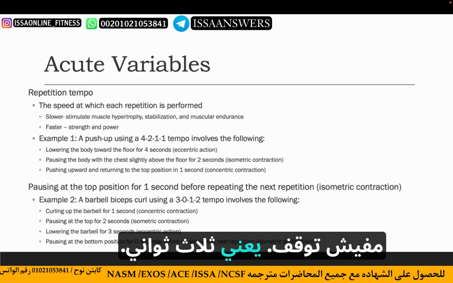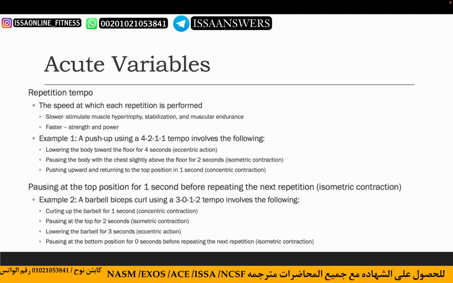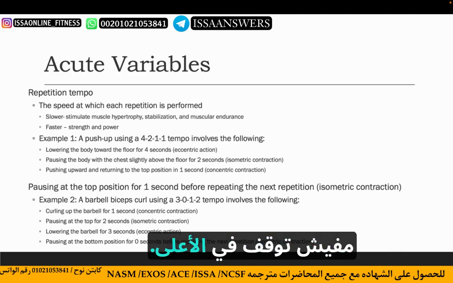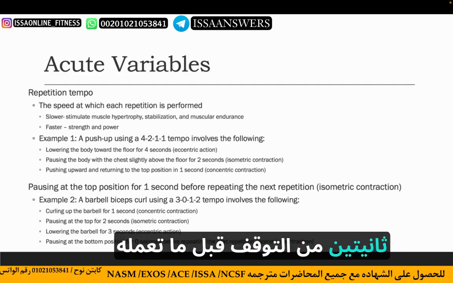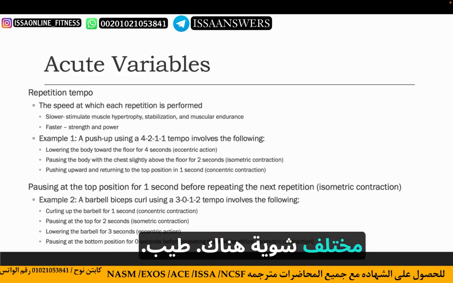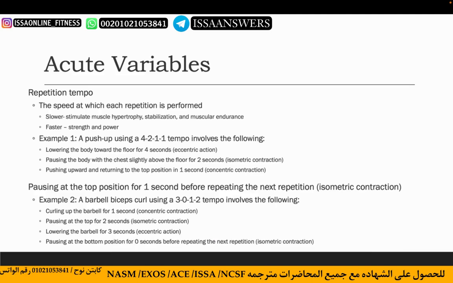So it's 3 seconds of eccentric. There's no pause at the top. So you're just going to bring it right back down. 1 second of contraction and then 2 seconds of pause before you do it again. All right, so it's a little bit different there.